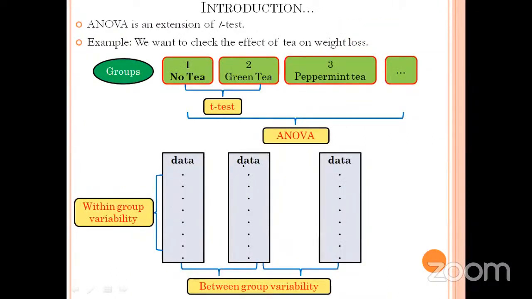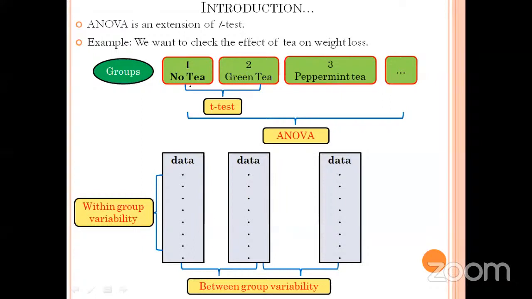So I'm trying to tell you what Anova is with simple things. Here you see, we have so many data like 1, 2, 3, 4. If it was only 2, we would have used T test or F test. Since it is more than 2, we are using Anova. So what is the example here? We are taking different types of teas. You know that there will be different types of tea, not only 2.